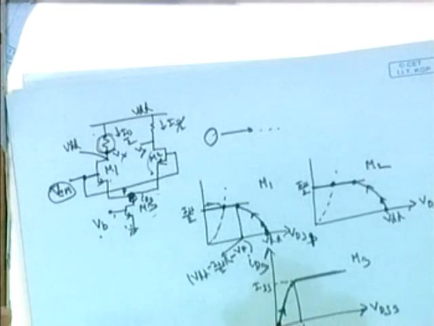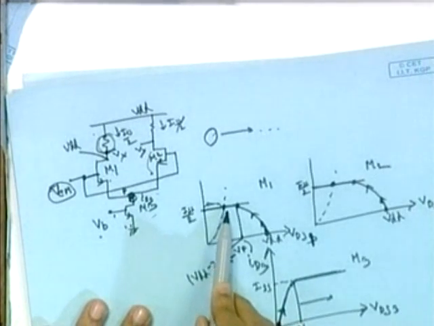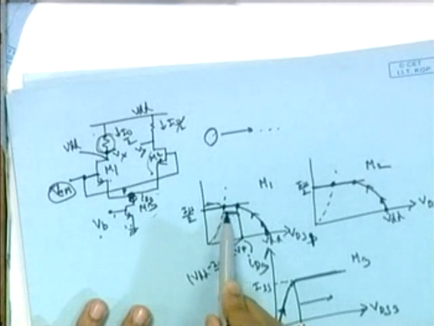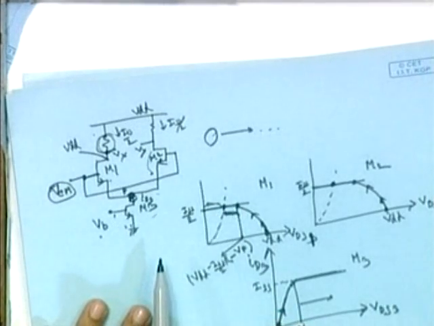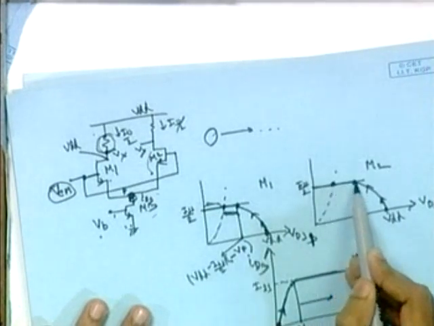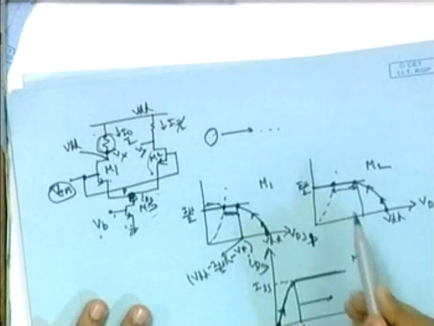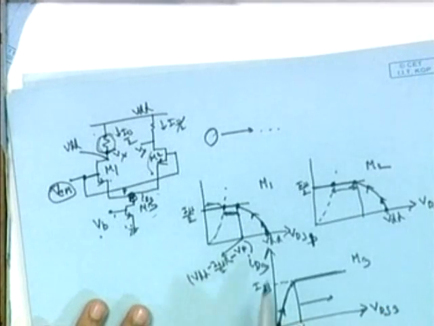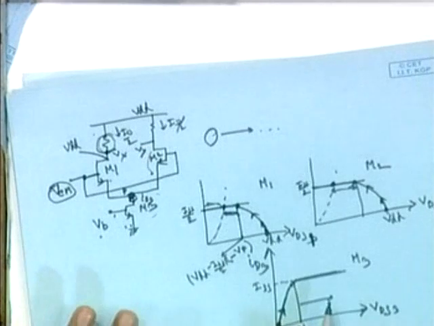So we have to choose our VCM in such a way that M3 will be operating in this zone and M2 in this zone. So this basically determines your ICMR.